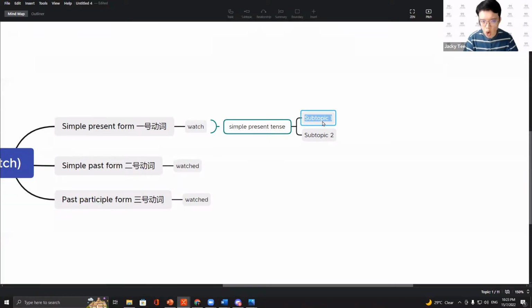Okay, with s or without s. So it bears on singular and plural. So this is the characteristic of a simple present tense sentence.